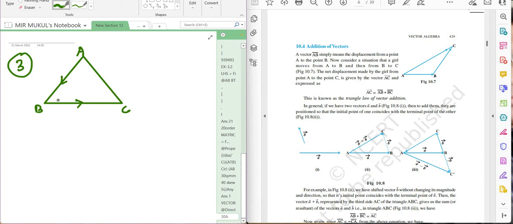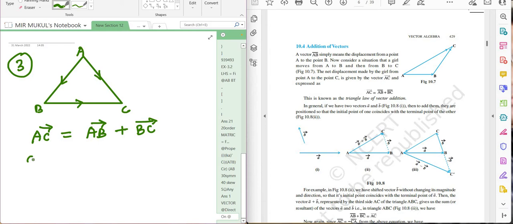Now addition of two vectors, that means the resultant of these two vectors, will represent the third side of the triangle. Okay, and its direction will be opposite. So vector AC will represent the sum of AB and BC. So this is addition of vectors.